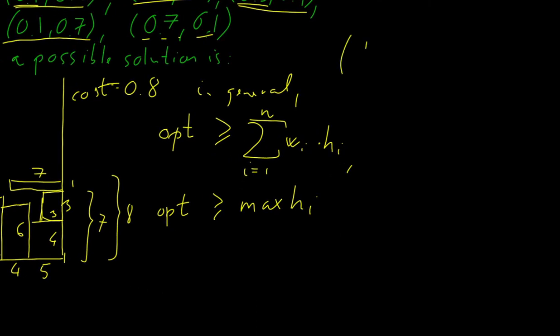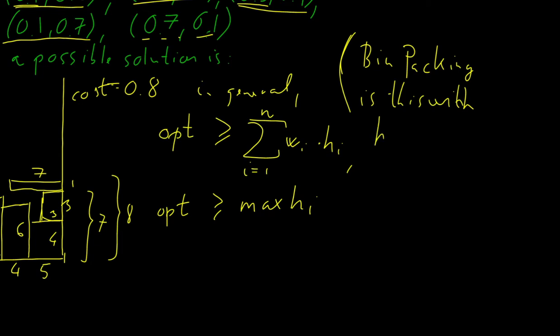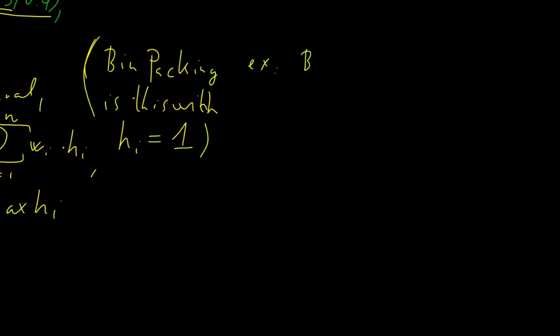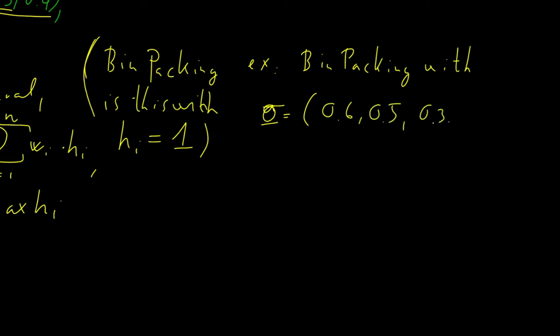So actually bin packing is this, with the h_i being 1 for all the possible objects, because, well, for example, if you have a standard bin packing with, say, objects, so let's just give the size of the objects like 0.6, 0.5, 0.3, 0.4, and 0.1.